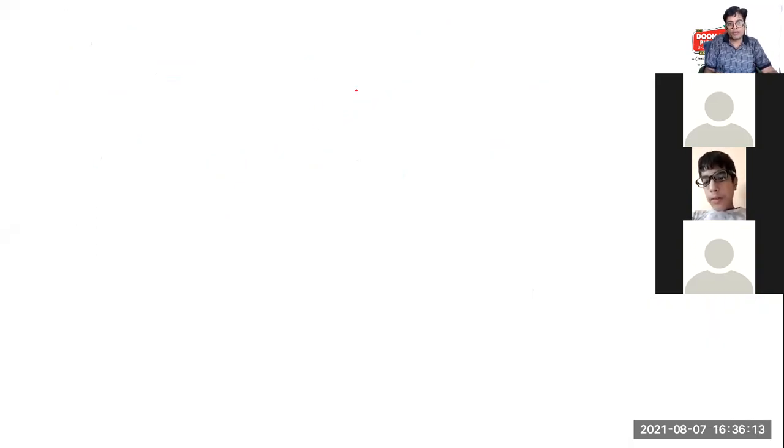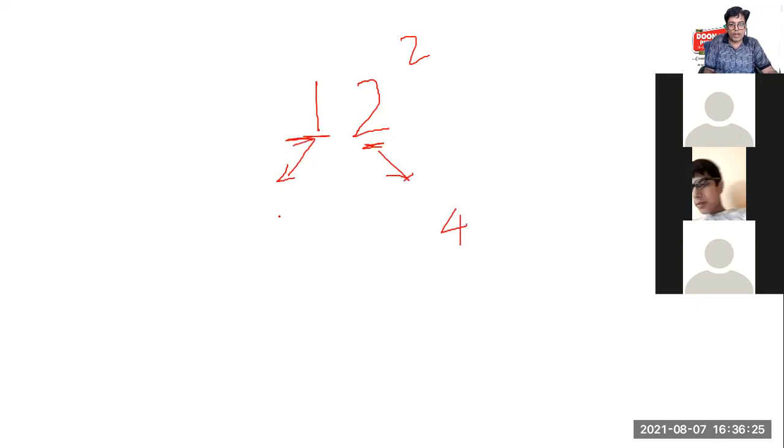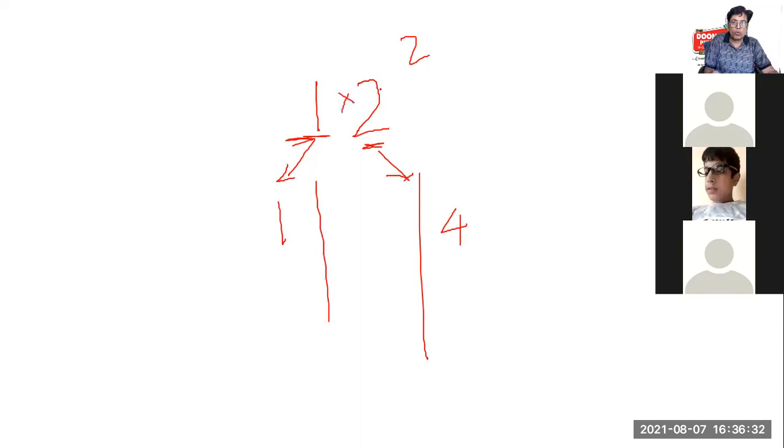If I have to find the square of this, I have to put 2 arrows there. 2 square I will write here, 1 square I will write here. Got it? Now 1 into 2 into 2, that is 4, I will put here. That is my answer, 144.